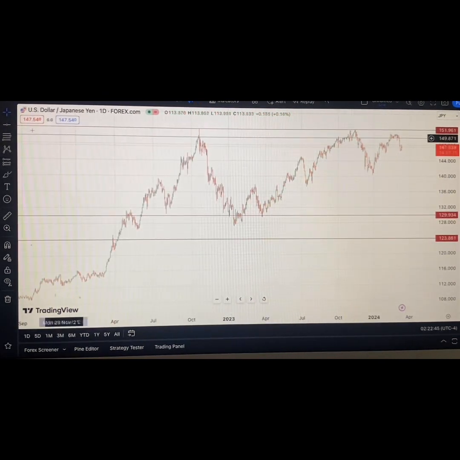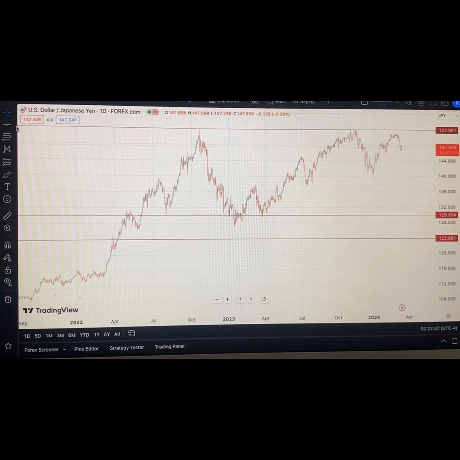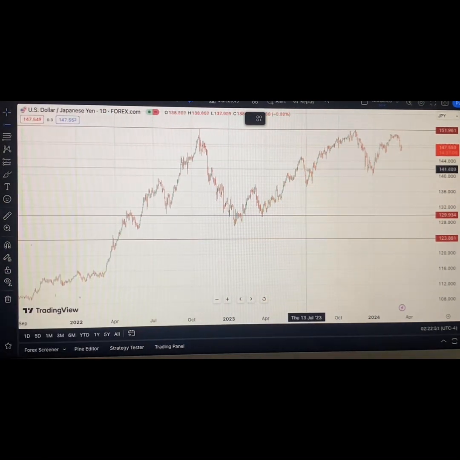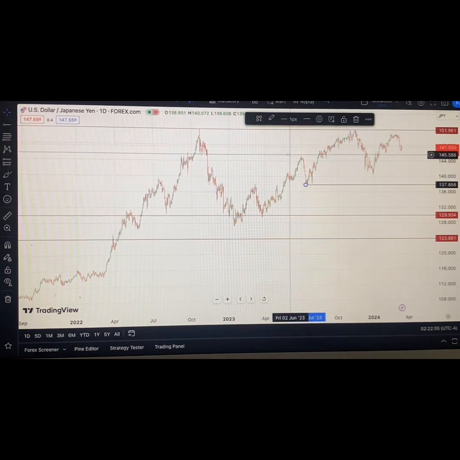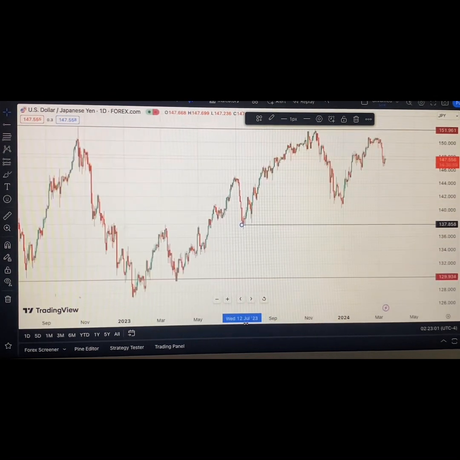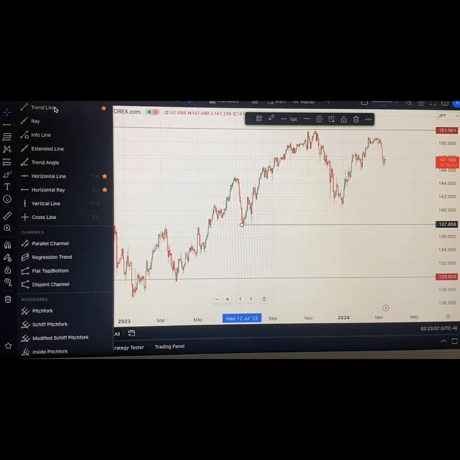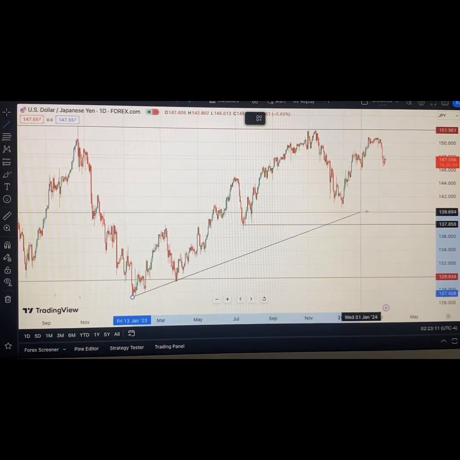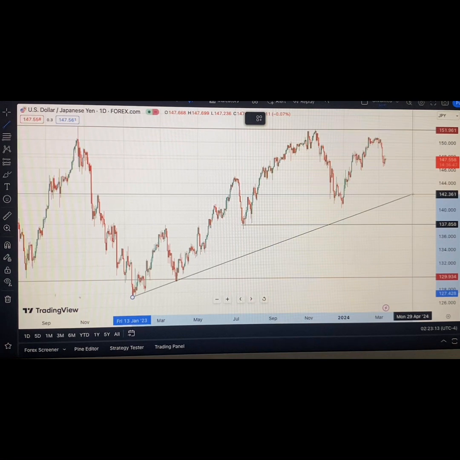Get your support and your resistance zone. That's my support zone, and this could be my resistance zone. How to draw trend line. Now the market is in an upward movement. What did I say? A bullish run.